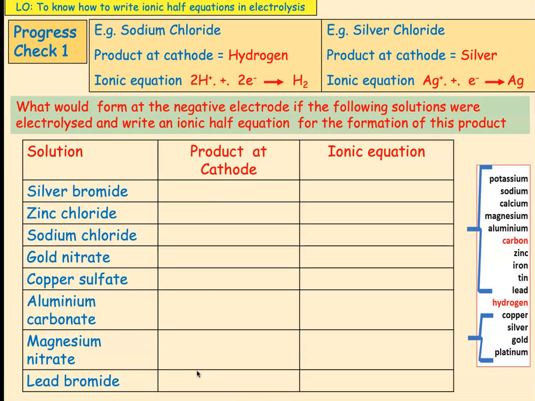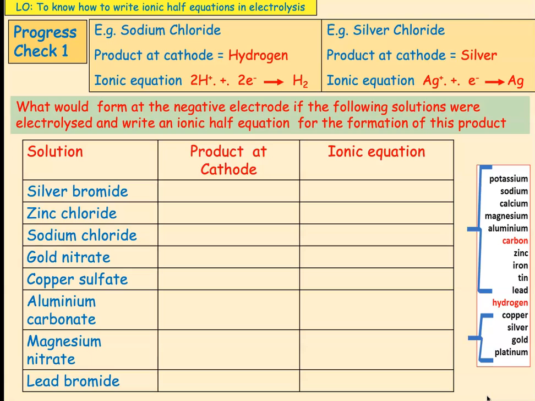One where hydrogen is being made. Remember that that will be any metal in the compound above hydrogen in the reactivity series, and one where the metal's being made, and those are the metals in the compound that are below hydrogen in the reactivity series. And I've put the reactivity series here so that you can see and consult it.